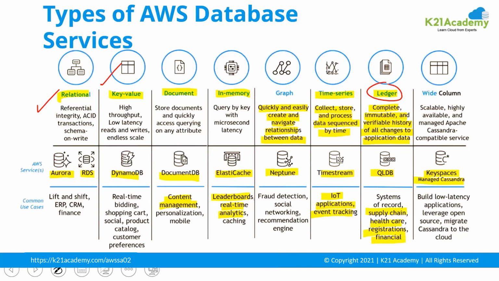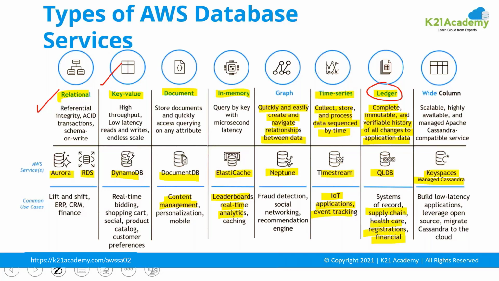The most used cases are supply chain management and the healthcare system, and I can add one more: Bitcoin systems can also use these databases, where you can have a complete history, verifiable cryptographically, of what changes and transfers have happened.